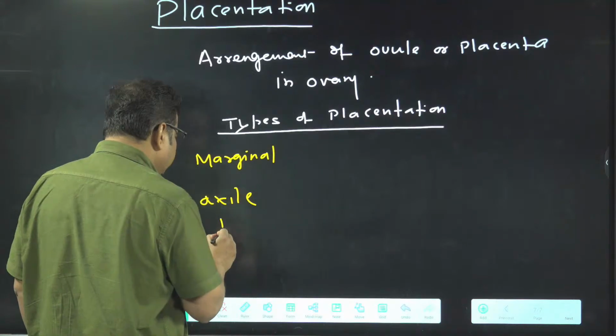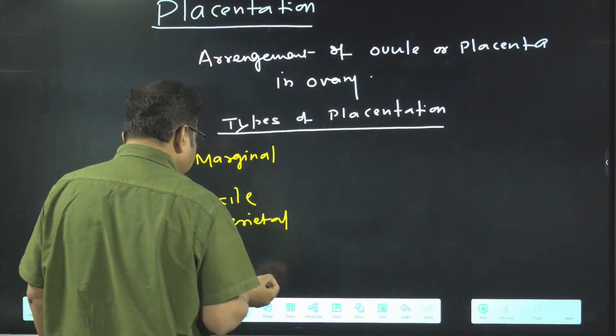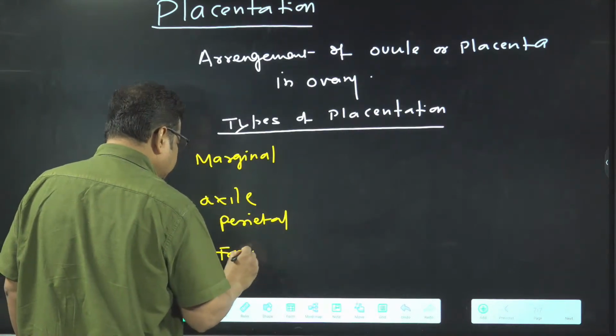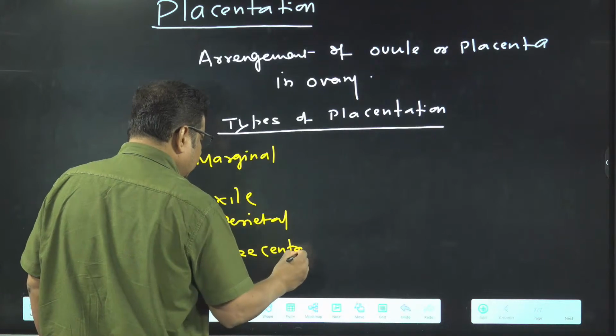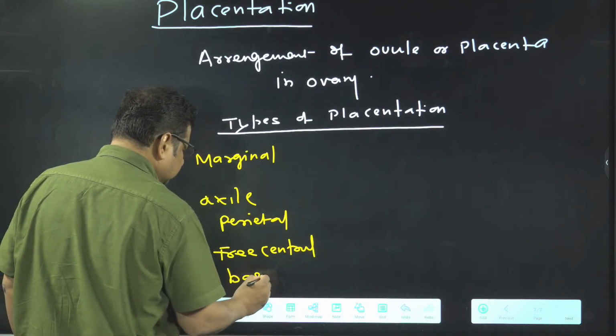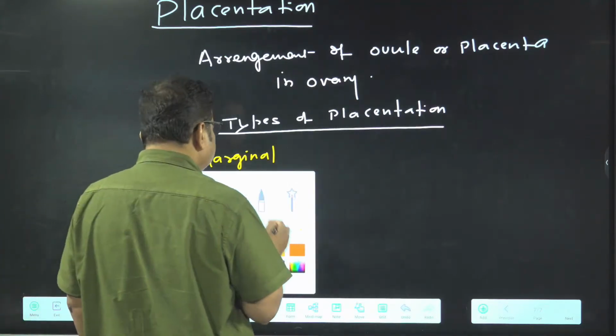Third one is parietal. Next is free central. Next is basal. So these are the placentations mentioned in your textbook.